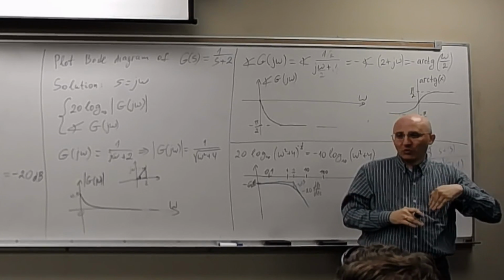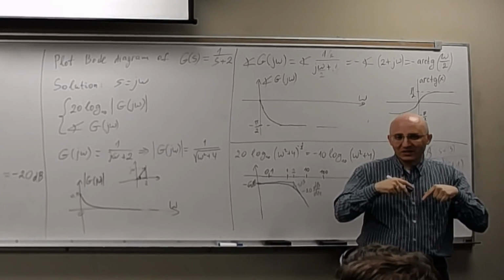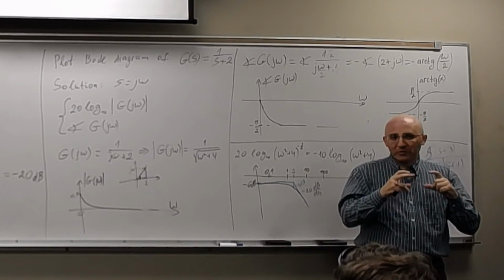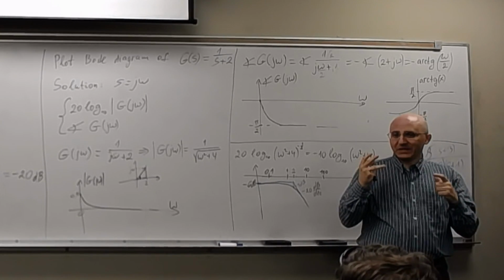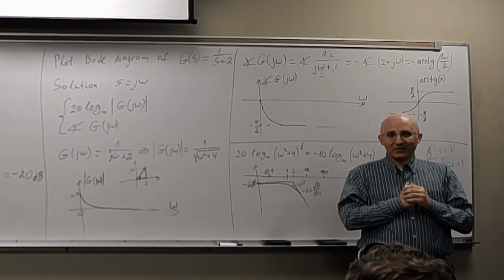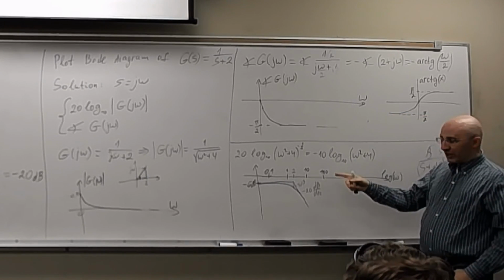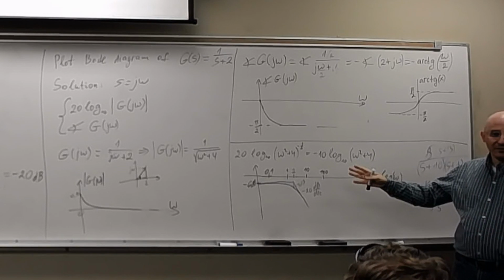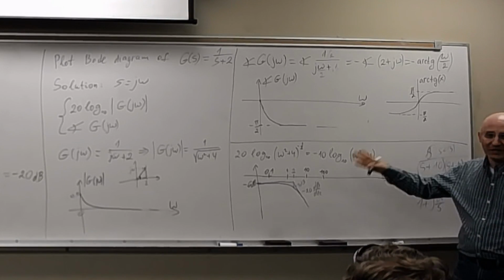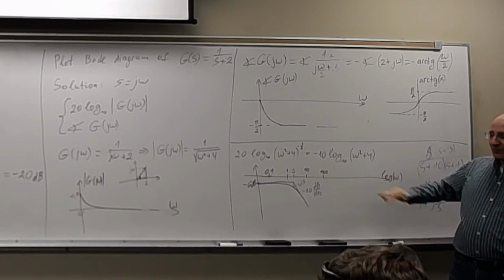Some go up, some go down, depending on whether you're dividing by that polynomial or multiplying by that polynomial. This is why they go up and down, because it's just subtraction of the angle. But in a Bode diagram, you're always adding. Sometimes you're adding positive angles, sometimes you're adding negative angles. That's it. This is the difference.